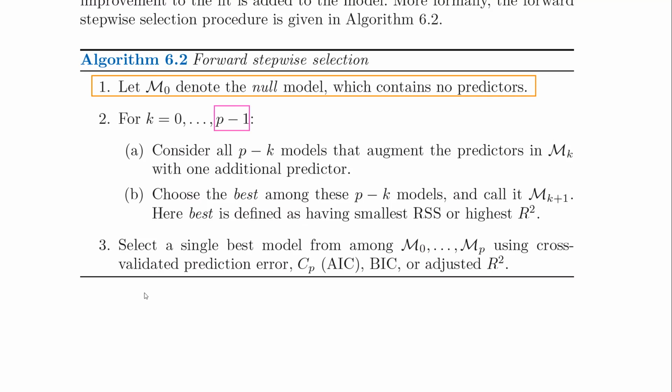So let's say k is 0. P minus k would just be p. So consider all p models that augment the predictors in M_k with one additional predictor.